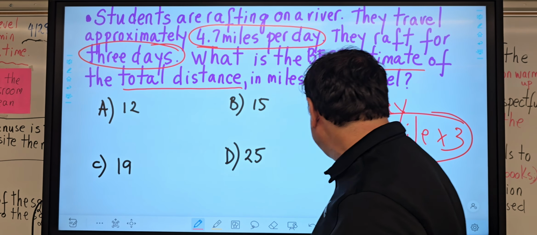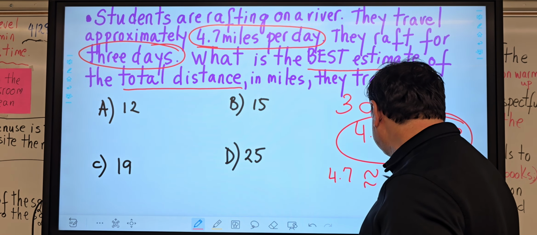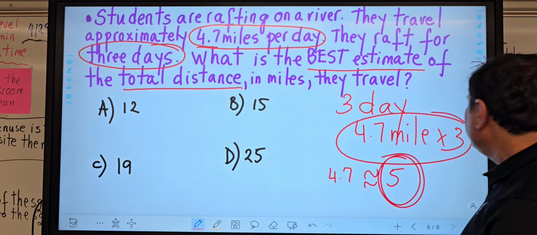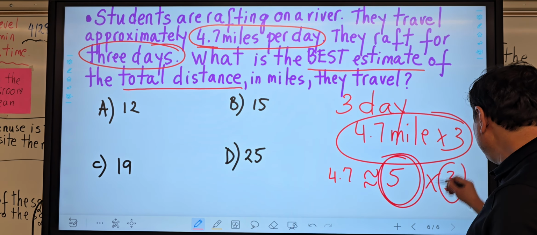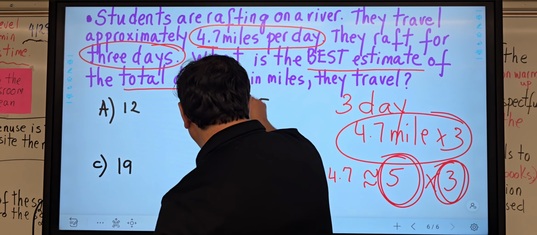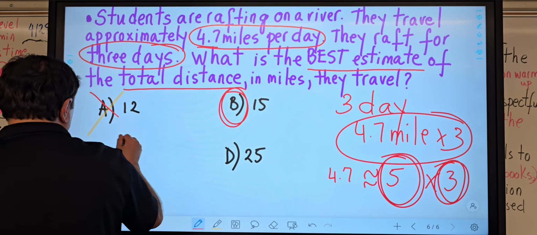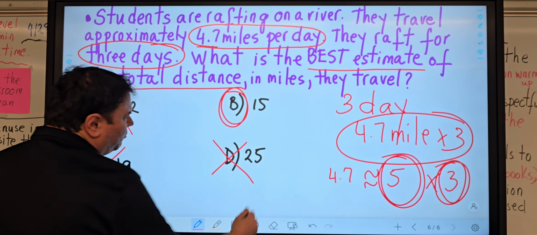So we round 4.7, we are rounding it up to 5, right? So let's round 4.7 to 5, and now 5 times 3 actually is 15. So 15 is the answer for that problem because 8 cannot be the answer, 12 cannot be the answer, 19 cannot be the answer, and 25 is too much.